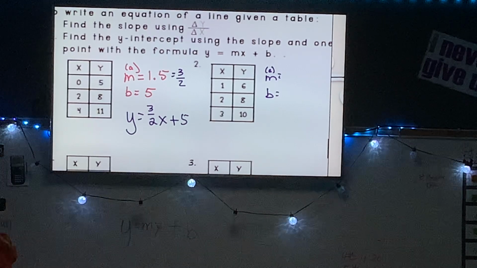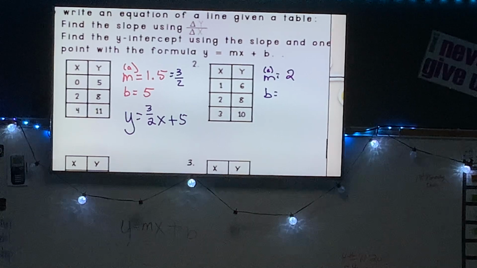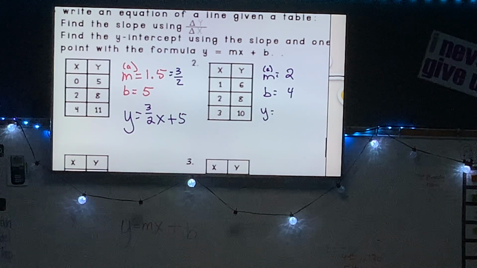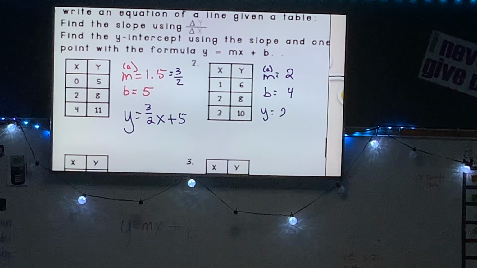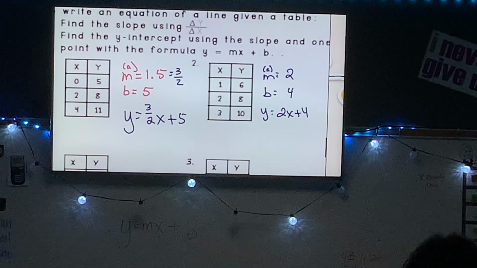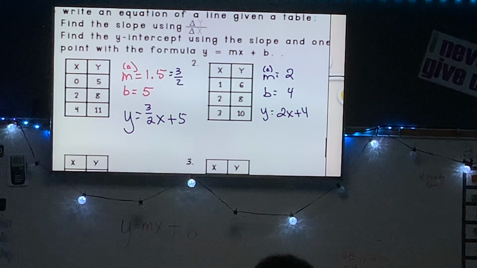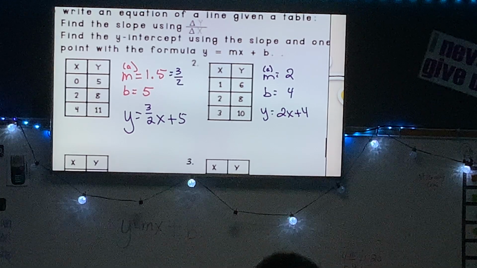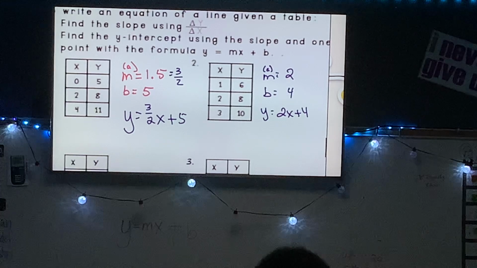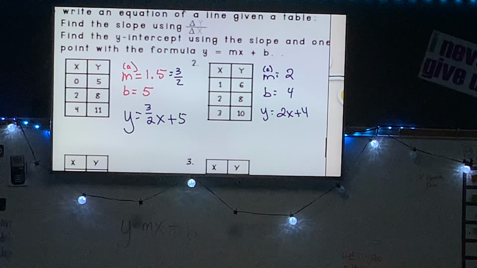What is your slope? 2. What is your y-intercept? Oh, some of y'all are rock stars and already have your y equals mx plus b written. So y equals, perfect, 2x plus 4. I just wanted you to know why I did it different.